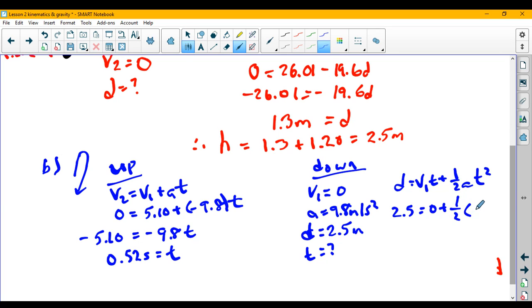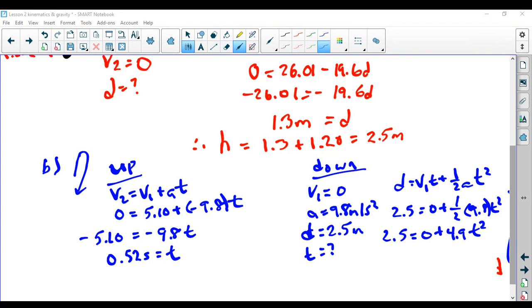Plus 1/2 of 9.8 times t squared. There we go. So now I have 2.5. Half of 9.8 is 4.9. That 0 goes away. And I can then solve from there.